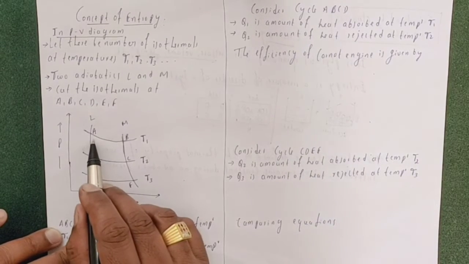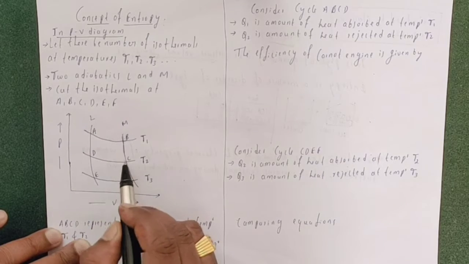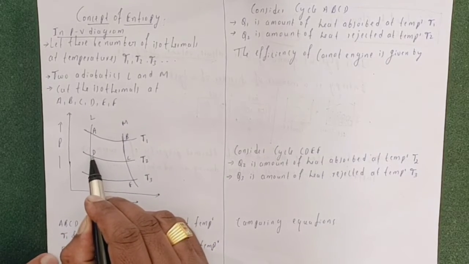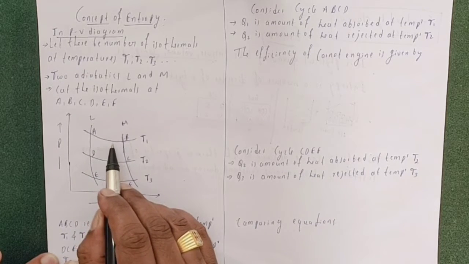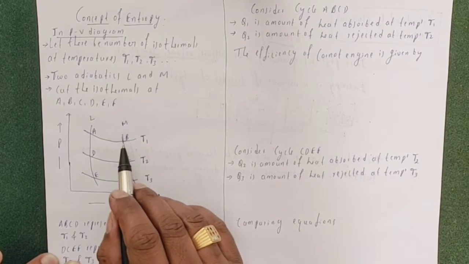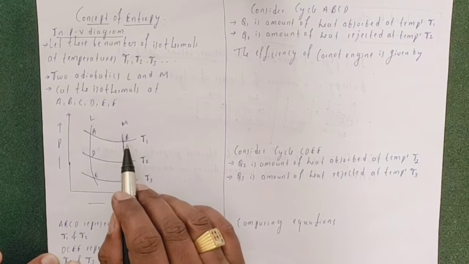Here you can see that A, B, C, D forms a Carnot cycle. We have already studied the Carnot cycle and Carnot engine in the last video.